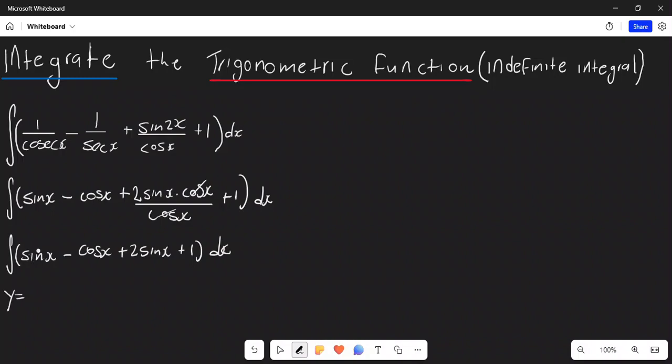Now what is the integral of sine? If you say the integral of sine nx, where n is the coefficient of x, the integral of sine is going to be negative cos nx over n plus c.